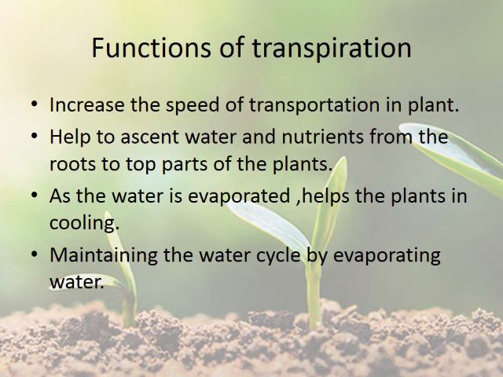Third, as the water vapor evaporates, it helps plants cool, as in our body. When we sweat, it cools our human body also. The last one: maintaining the water cycle by evaporating water.